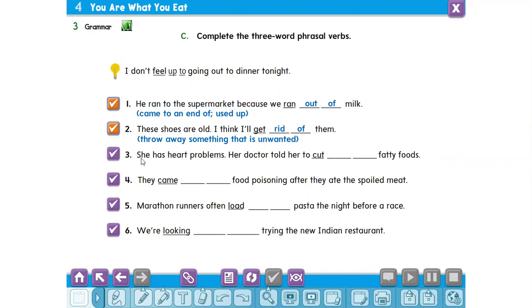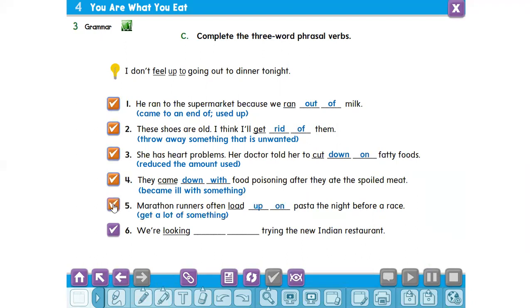Number 3, she has a heart problem. Her doctor told her to cut down on fatty foods. Cut down on means reduce the amount used. Number 4, they came down with food poisoning after they ate the spoiled meat. Came down with means became ill with something.